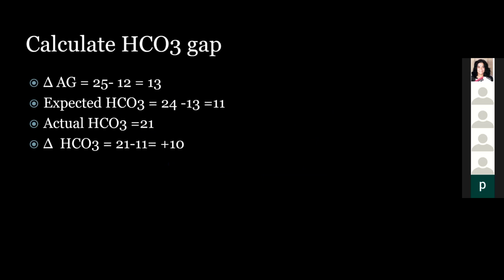Now, if there's a 1-in-1 equation, then your bicarbonate also should fall by 13 and you should have had a bicarbonate of 11. But you're actually having a bicarbonate of 21, which is 10 more than expected. So you have a higher hidden bicarb than what it is appearing. So there was an underlying metabolic alkalosis over and above this.